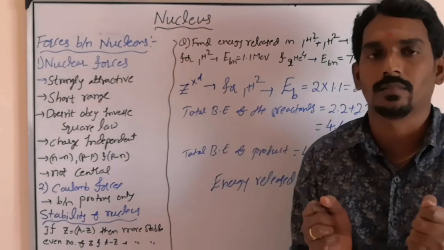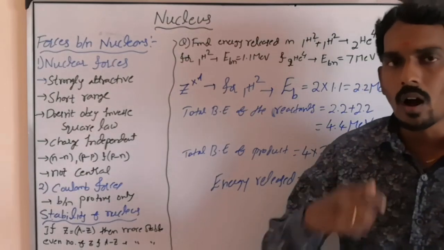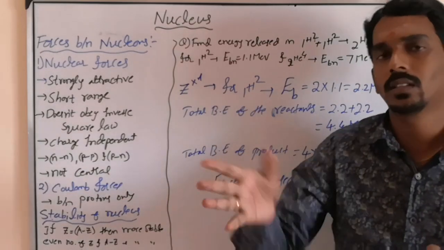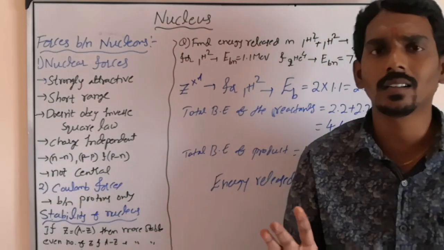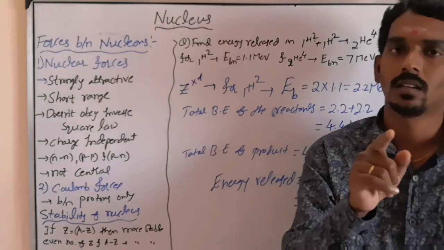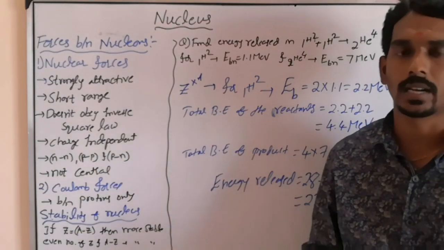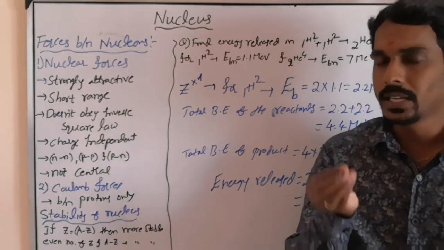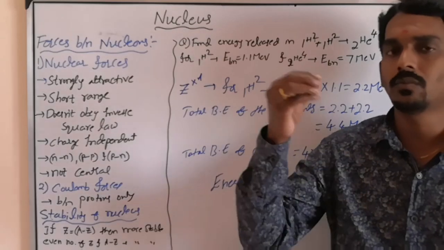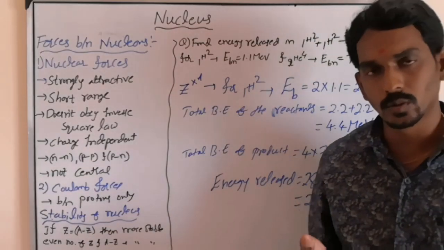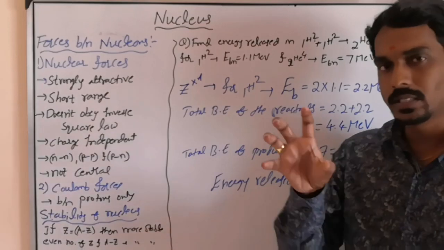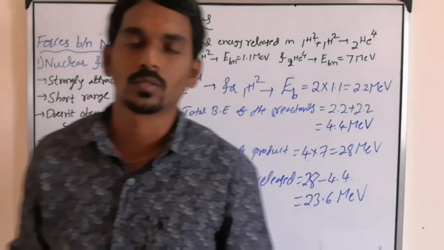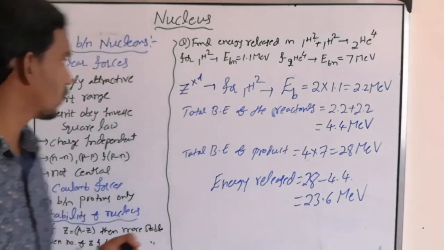Together means attraction. Those strong forces which are binding them together are not electromagnetic in nature, because there is no charge for the neutron. So between a charged particle and an uncharged particle, proton and neutron, there are some forces binding them strongly, and they named it nuclear forces. What are those? Nuclear forces.